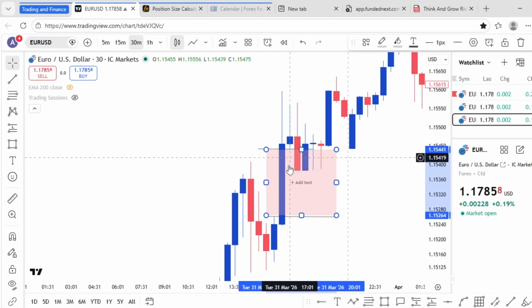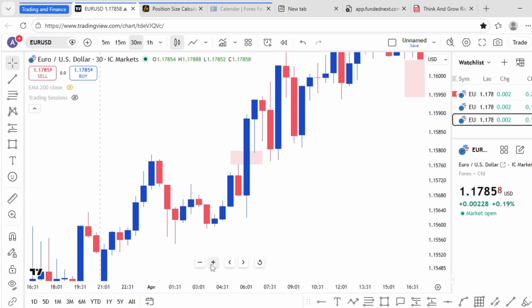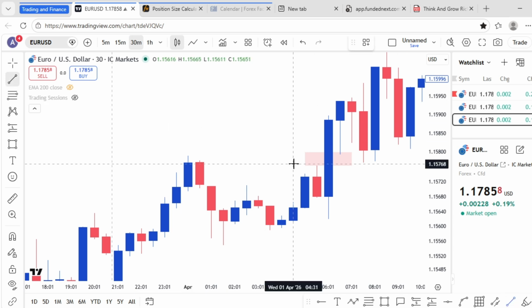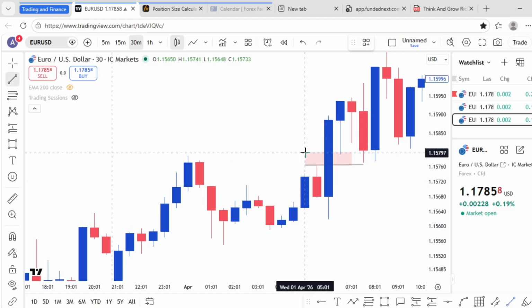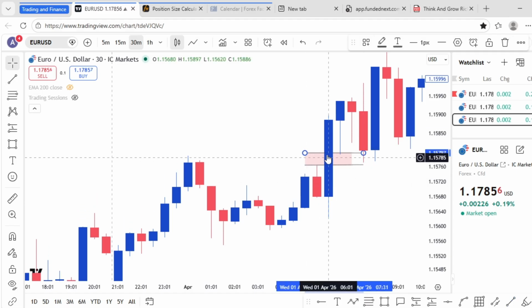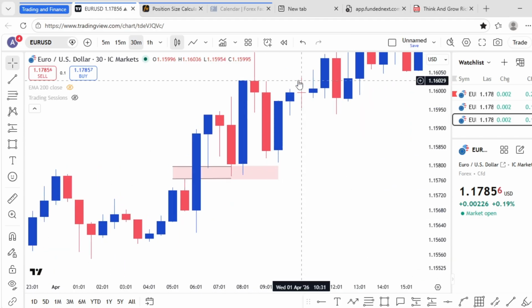The market needs to come into the zone and fill the unfilled orders and continue. Look at another one here. From this upper wick and this lower wick, you can see that there's a gap. And what did market do? Market came in, filled the gap, and then it continued.